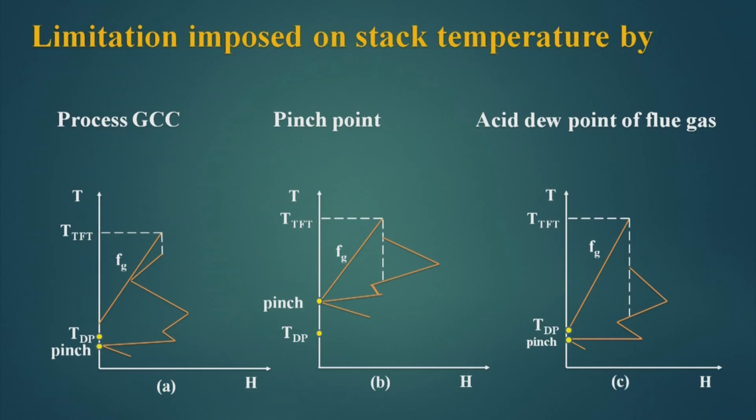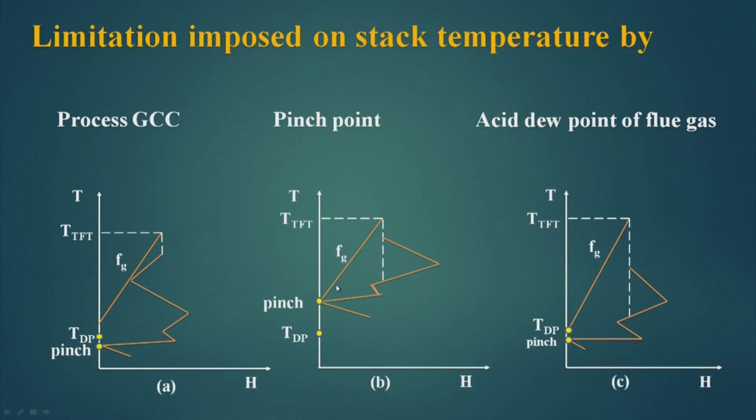Now, there is a third case when TDP is above the pinch, and in that case I can bring down the stack temperature up to TDP only. I cannot go below TDP because it is not allowed. So, here we have seen that process GCC is controlling the stack temperature.